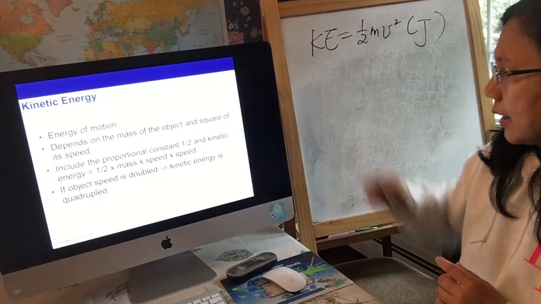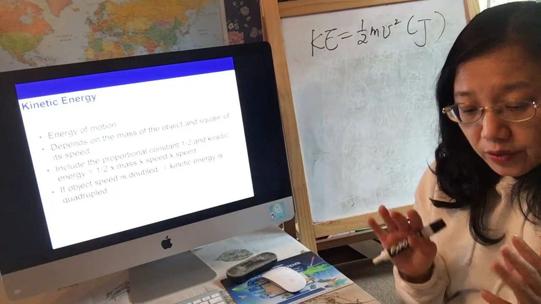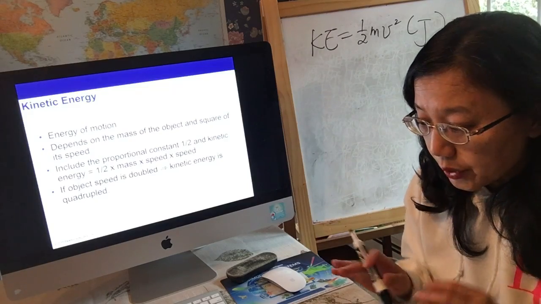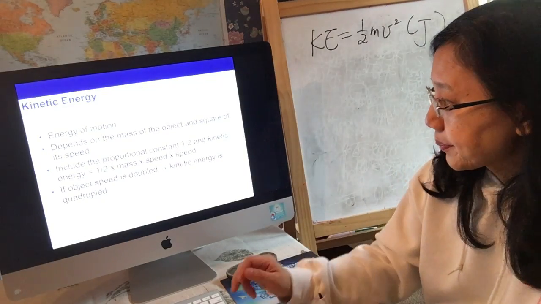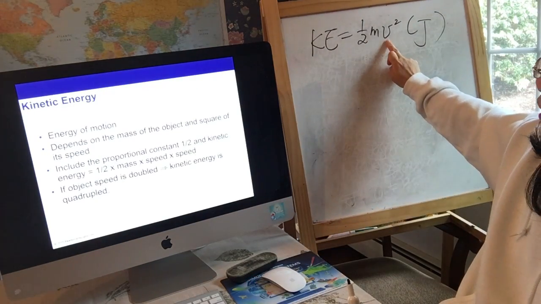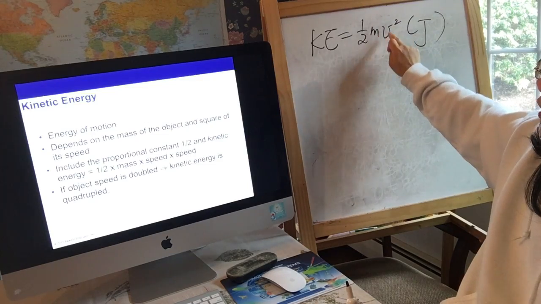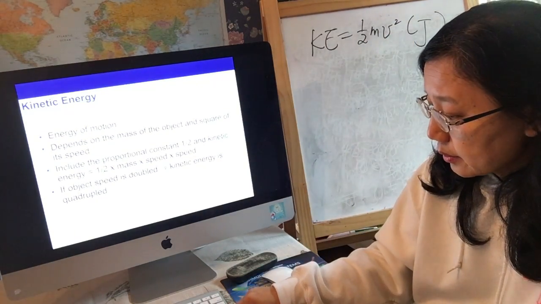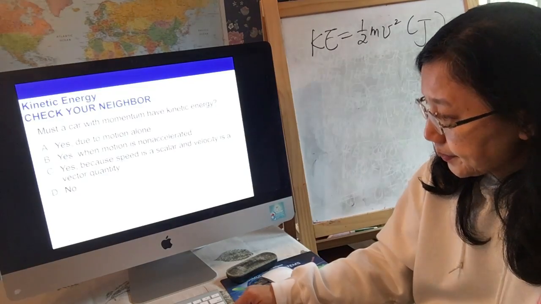Both kinetic energy and potential energy are scalars, so you don't have to worry about directions. If the speed is doubled, as we talked about before, the kinetic energy will be 4 times bigger than in the initial case.